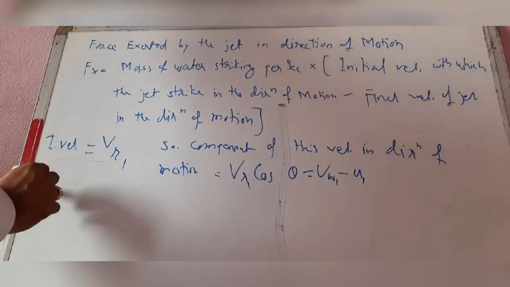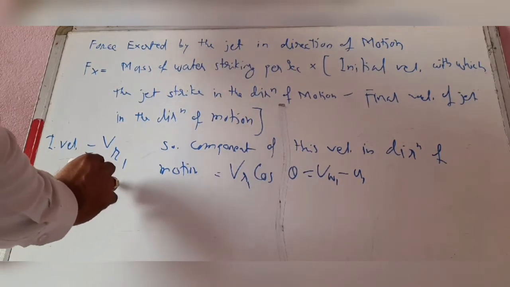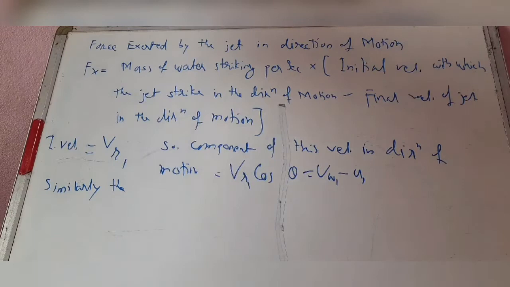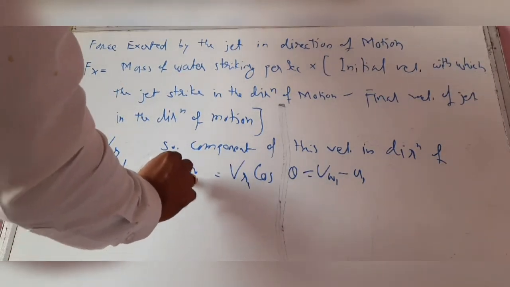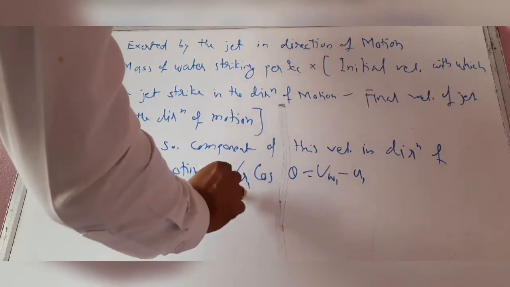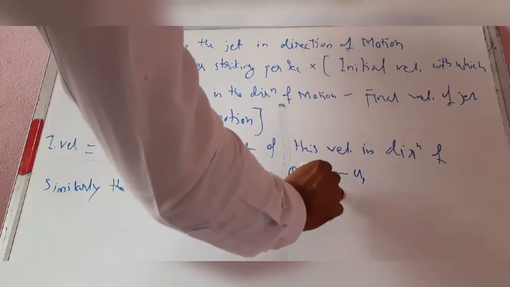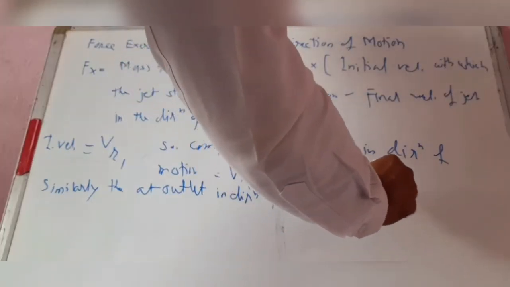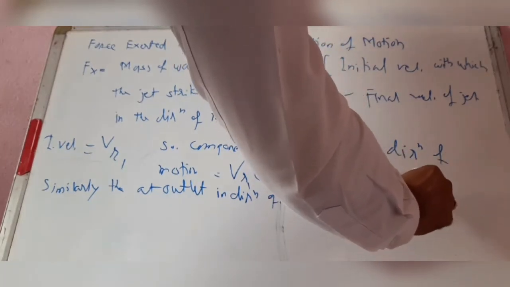Similarly, the component of relative velocity at outlet in direction of motion is equal to minus v(r2) cos phi.